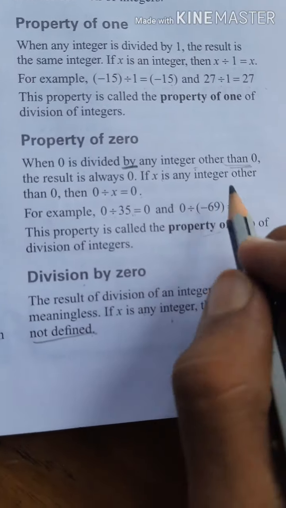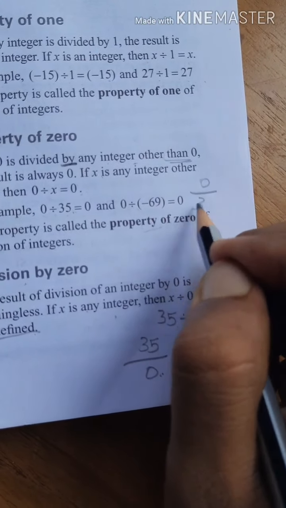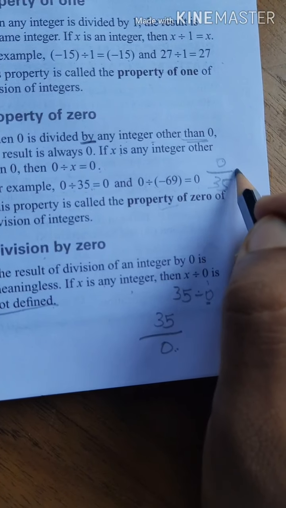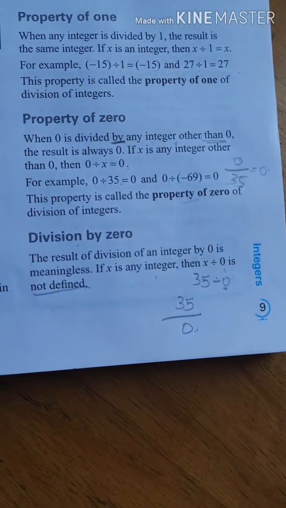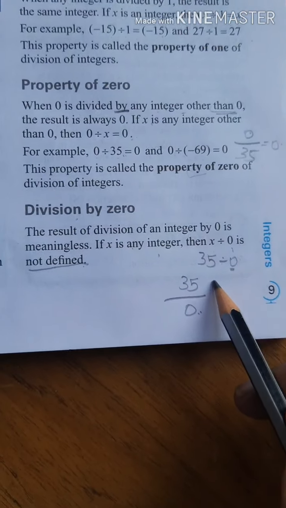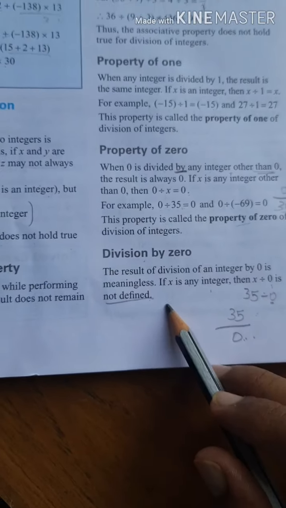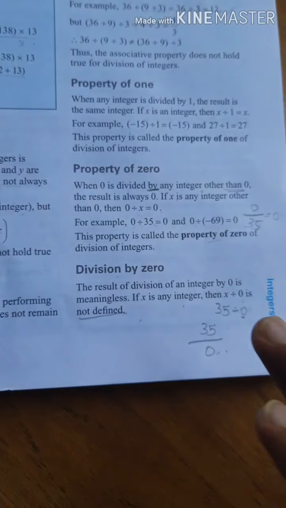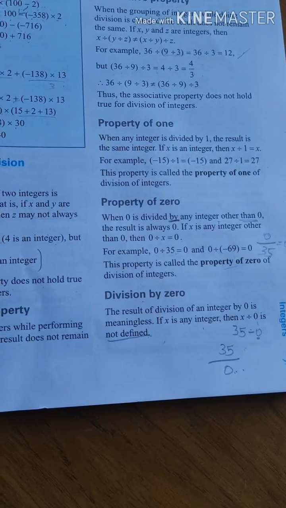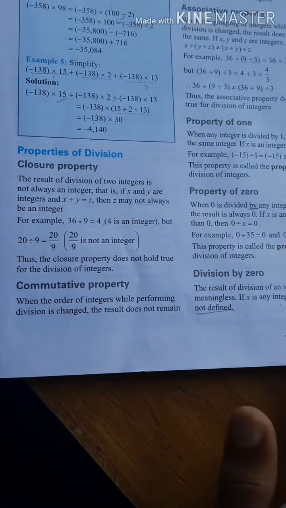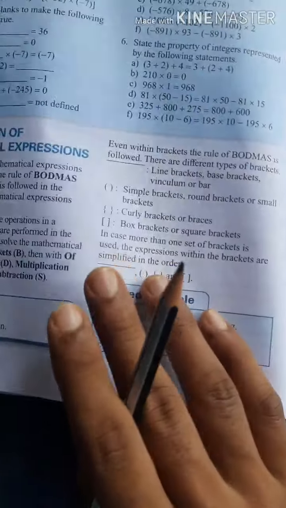This can be written as 0 by 35: when the numerator is 0 and the denominator is any integer, you get 0. But when the numerator is any integer and the denominator is 0, it is not defined. You have to understand this properly. So that's all. Properties of division are done, multiplication also done.